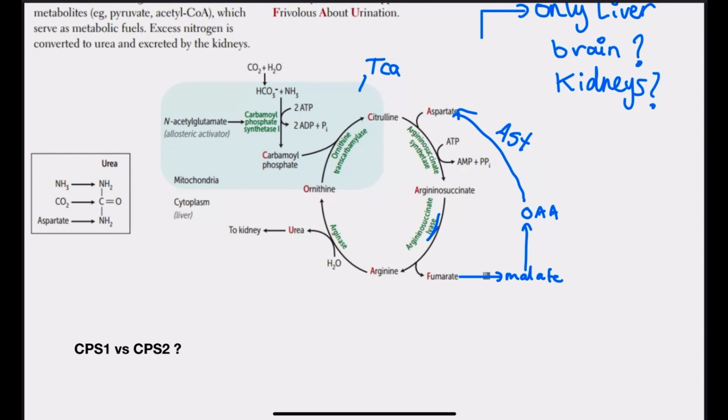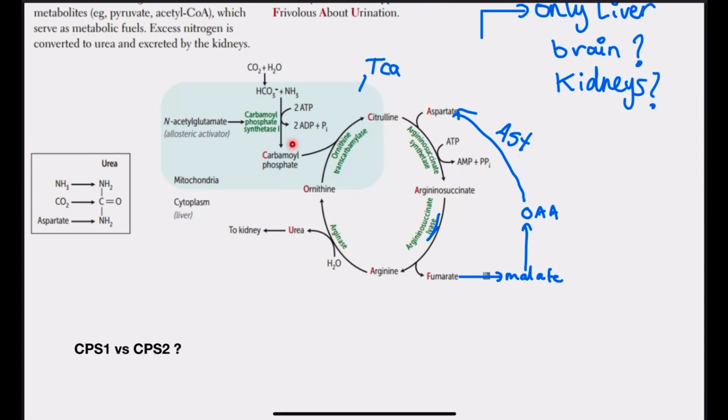Also very important to make note of is distinguishing the difference between carbamoyl phosphate synthetase 1 and synthetase 2. Carbamoyl phosphate is an intermediate in both the pyrimidine pathway and the urea cycle. So CPS2 is responsible for carbamoyl phosphate synthesis in the cytoplasm, not in the mitochondria as with CPS1, and this is in pyrimidine synthesis.